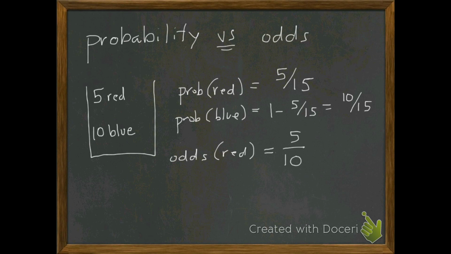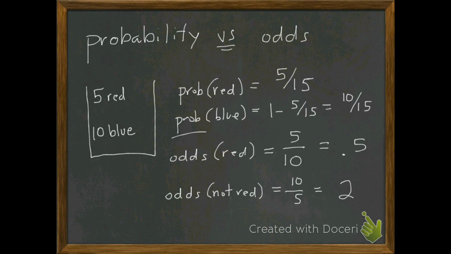So the number of ways to get a red is 5. The number of ways to not get a red is 10. So guys, obviously the odds of getting a red would be 0.5. Now, the odds of getting a blue, or let's just call that not red, would be 10 over 5, which is equal to 2.